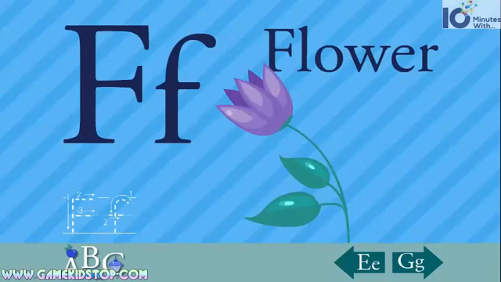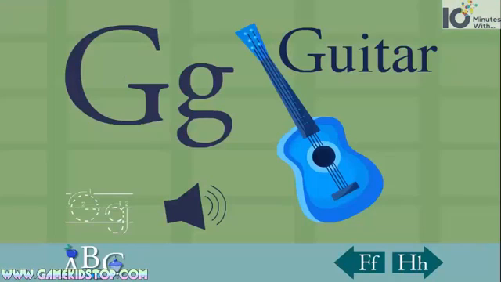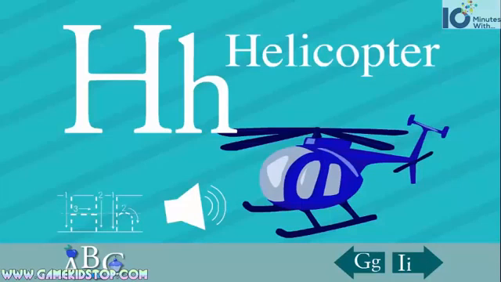F. F makes an F sound. F is for flower. G. G makes the G sound, or the J sound. G is for guitar. H. H makes an H sound.